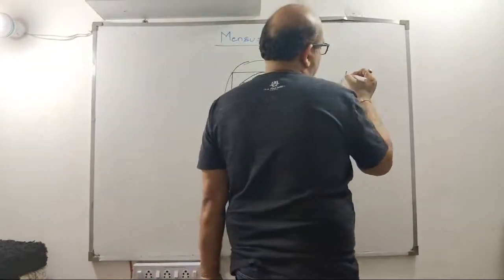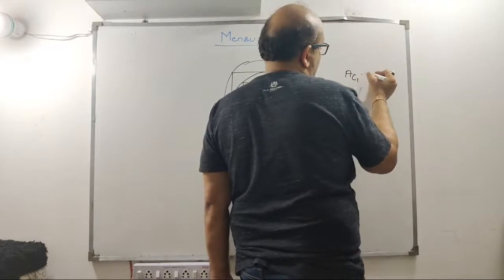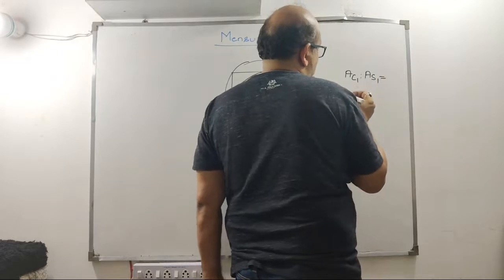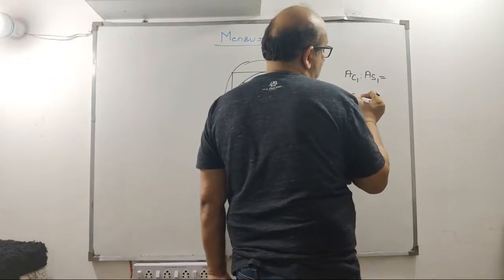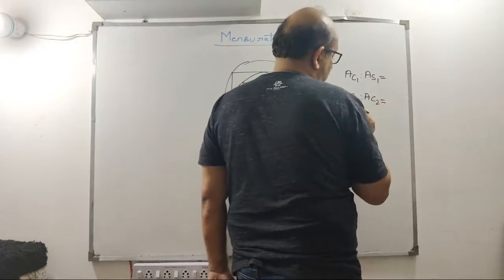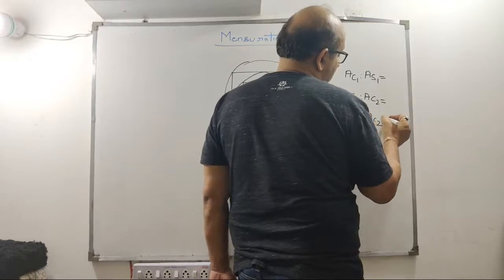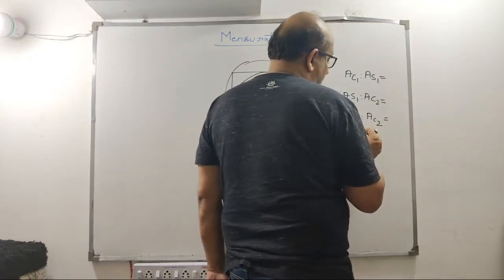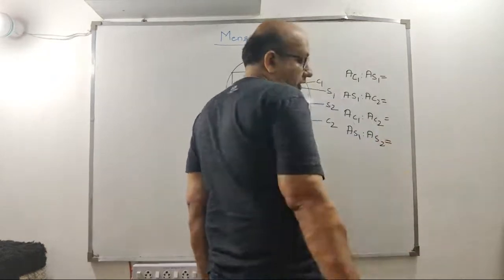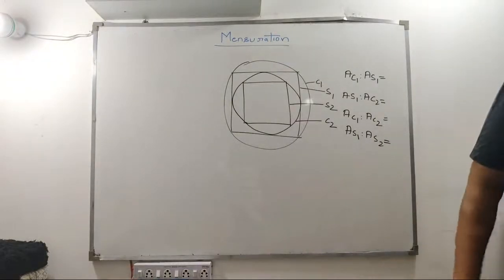So what do I want? I want the ratio of the area of circle 1 is to square 1, area of square 1 is to circle 2, area of circle 2 is to square 2. We need to find these ratios.